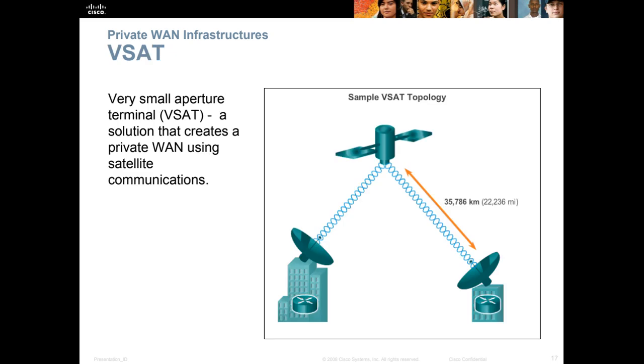VSAT satellite, very small aperture terminal, VSAT. It's a solution that creates a private WAN using satellite communication. But what about the speed? It's more expensive. It's less speed, of course, than fiber, but it's important for remote areas.